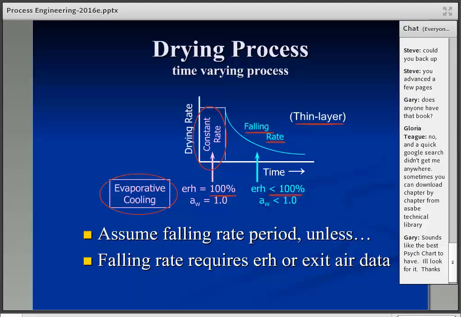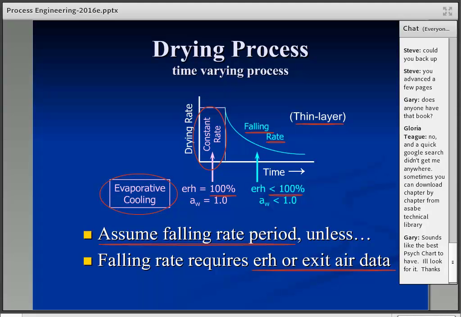But for drying problems, unless it's specified that something's weird, like you've got liquid, a drying problem is probably going to be talking about the falling rate period. So you could use the Page equation that we mentioned, or the deep bed analysis that I'm going to do here. We'll see as we go through these problems. If you've got a falling rate period, then it's not just an evaporative cooler.